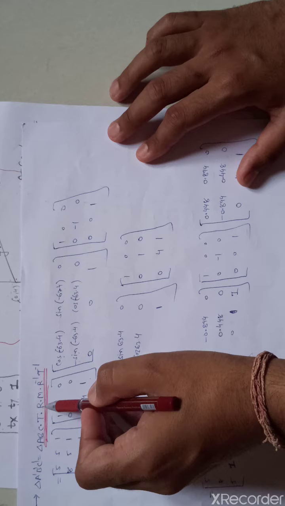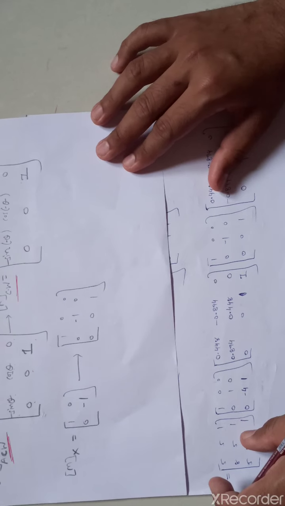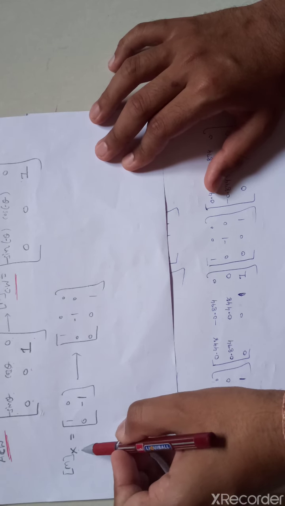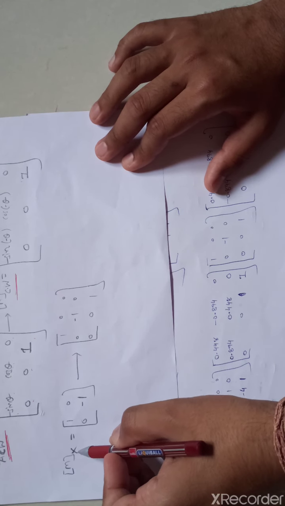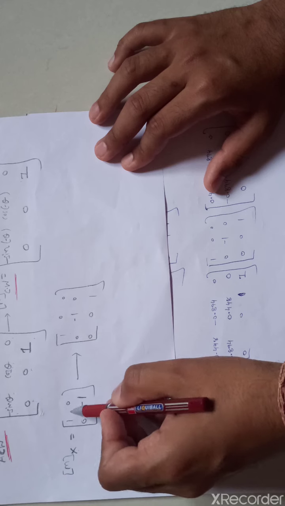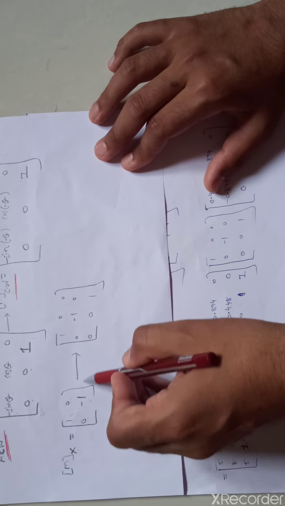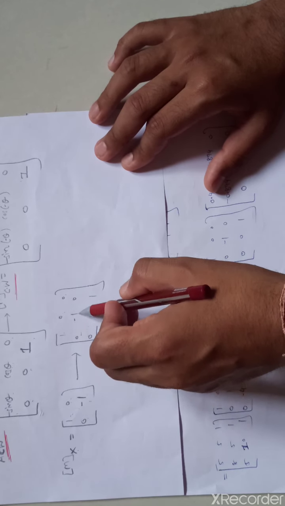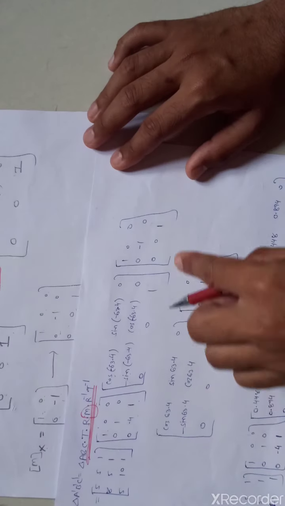Now mirror. We know the equation for mirror about the x-axis is given by 1 0 0, 0 minus 1 0, 0 0 1. So here we use a 3 by 3 homogeneous matrix. So simply use this formula here.